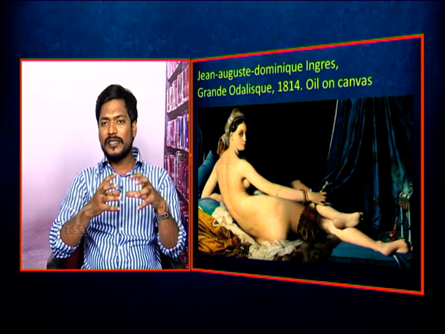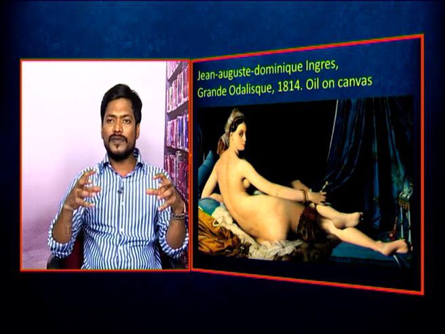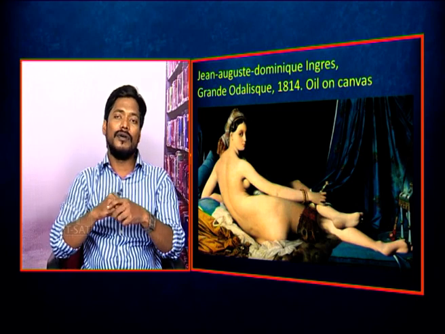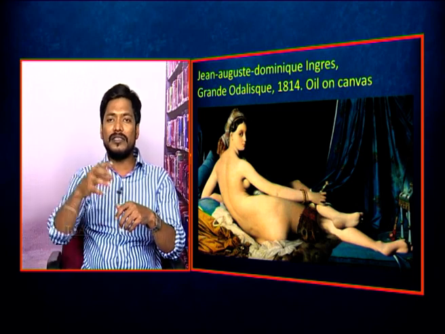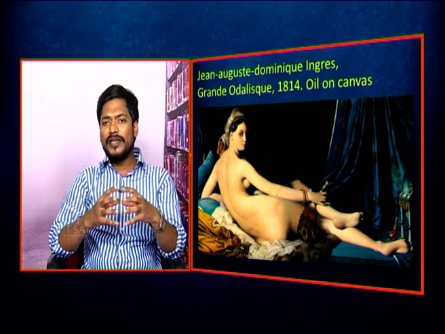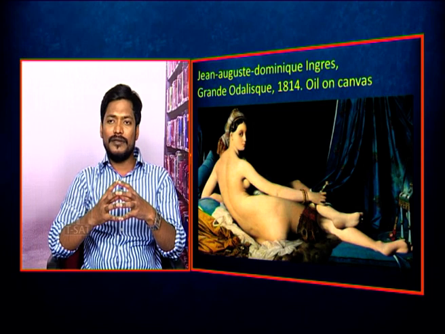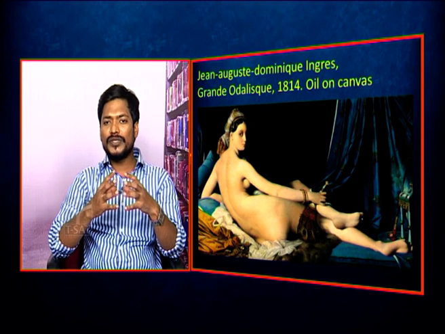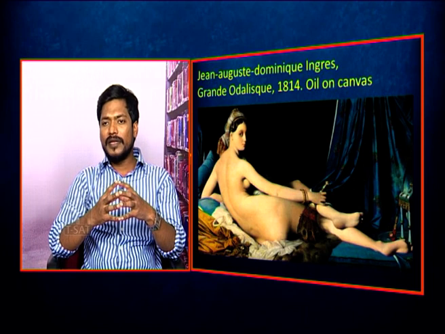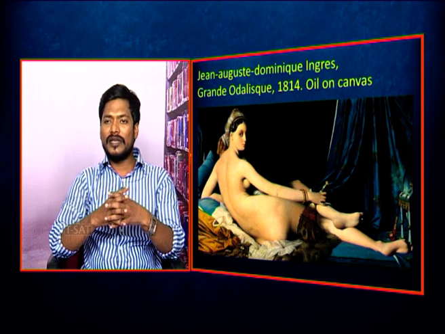And Odalisque is set in this grand setting, where she is placed reclining on the bed, and you have a grand curtain, right. So, he used a brilliant yet delicate palette, right, and you have a sensuous line to marry the color of Romanticism and the clarity of Neoclassicism.